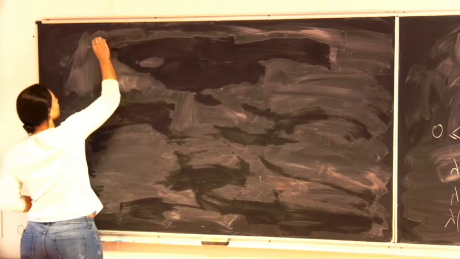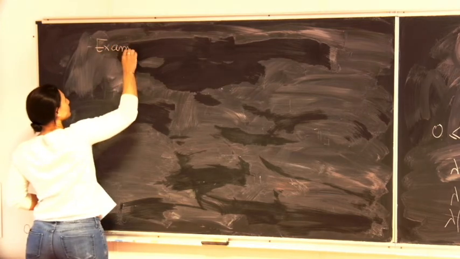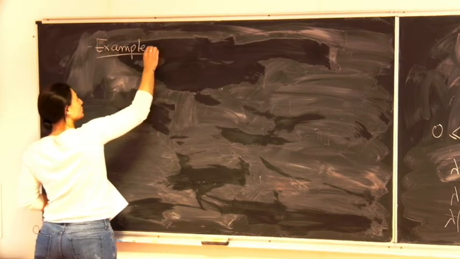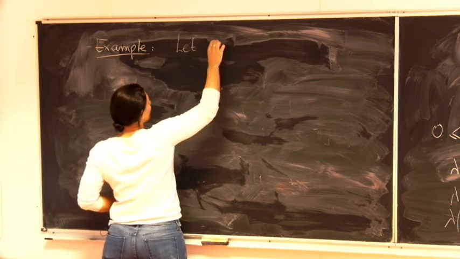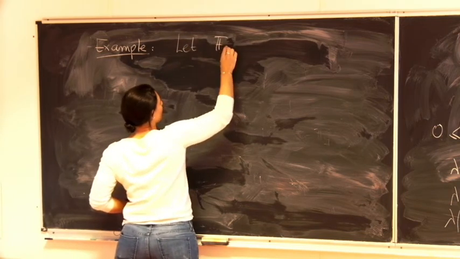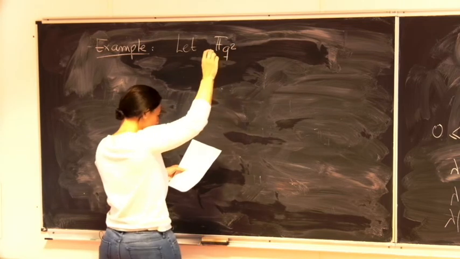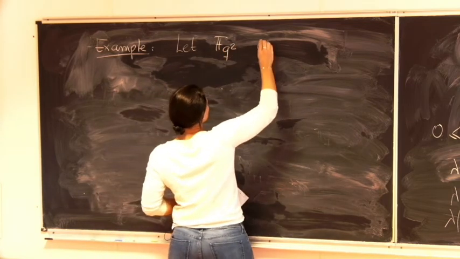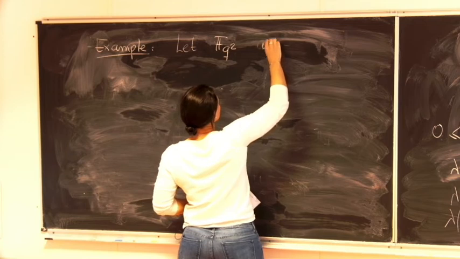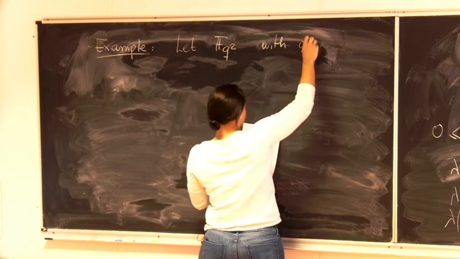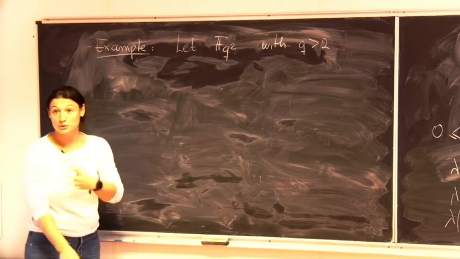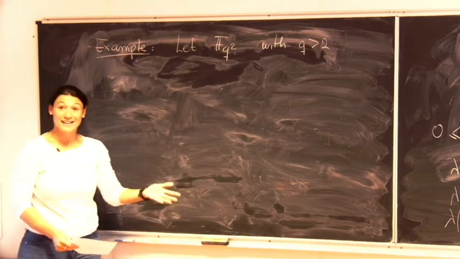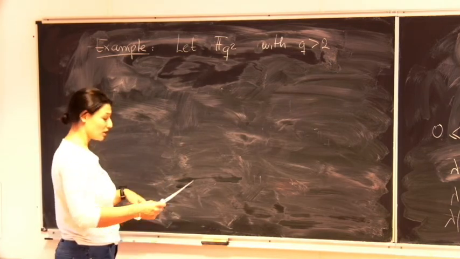For example, we choose F_{q^2} to be a finite field with q bigger than 2, so q squared is bigger than 4. That was what we needed. We had it as a hypothesis on the bound.